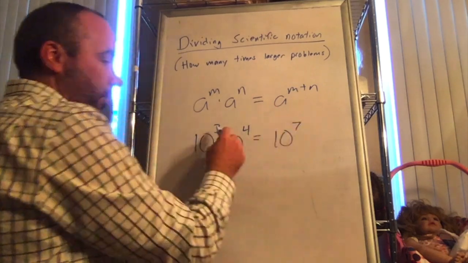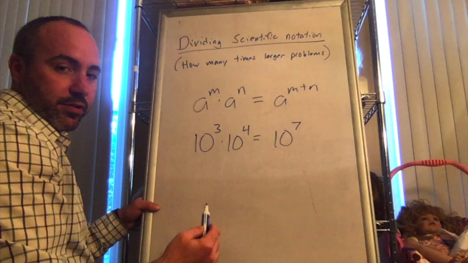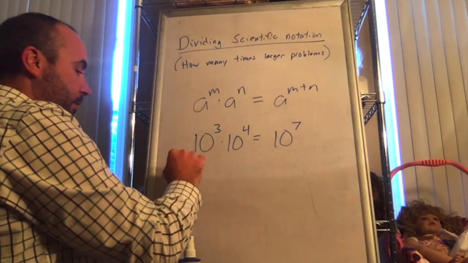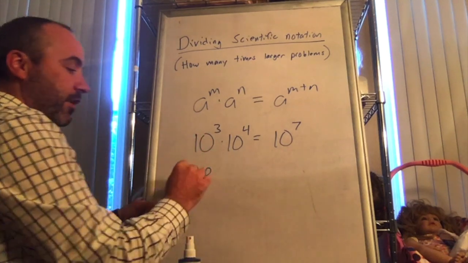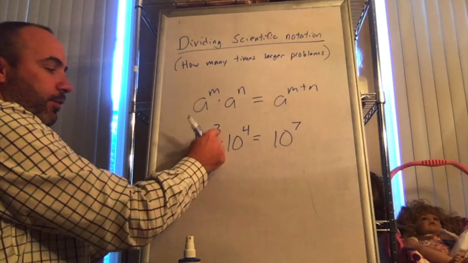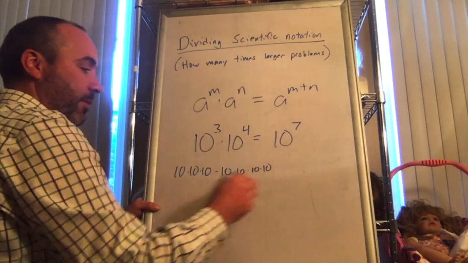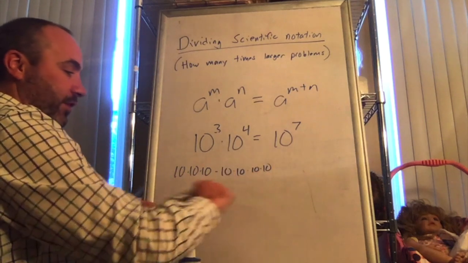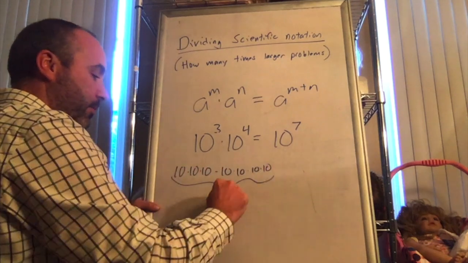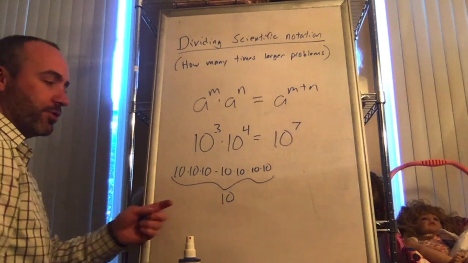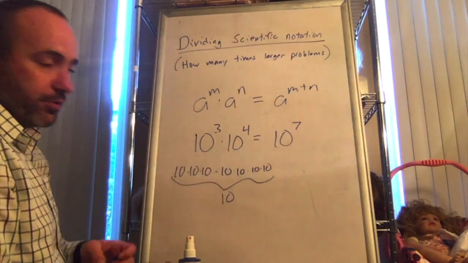Altogether, we take 3 plus 4 and we get 7. The reason being, this is literally 10 times 10 times 10, so 10 three times, and we have times 10 four more times. Altogether, we have 7 of them. And since it's repeated multiplication, the easier way to write it is in exponential form.